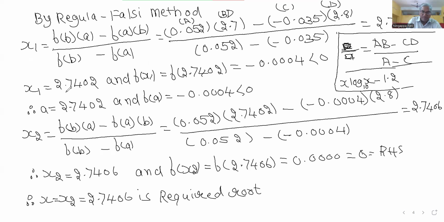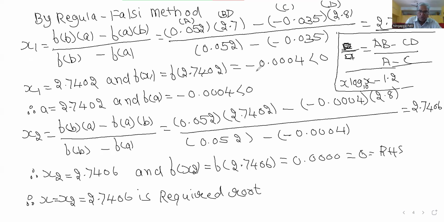Look here, this value, 2.742 you are getting. This is x1, 2.7402. And f(x) equal to f(x1), the x1 value is what? 2.7402.